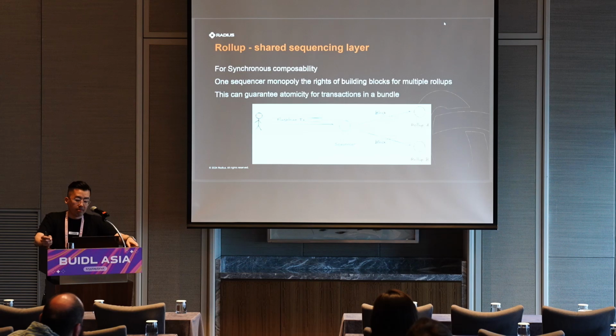For example, on the diagram, if a user wants to do a flash loan, a sequencer can guarantee that the transactions in the flash loan are included in the targeted rollups: one transaction in rollup A, and another included in a block for rollup B. So this can guarantee the atomicity of transactions in bundles. That's why we call this sequencer a shared sequencer.